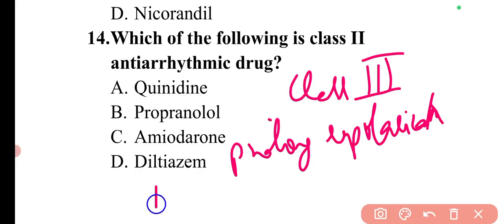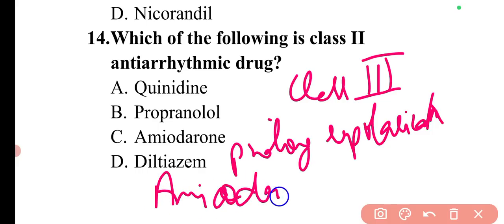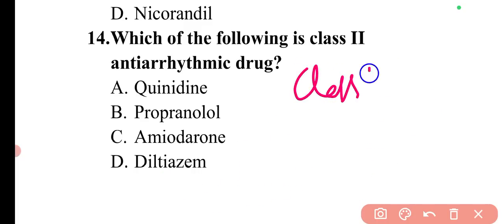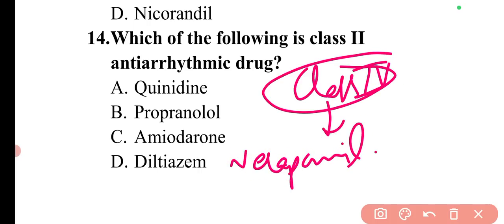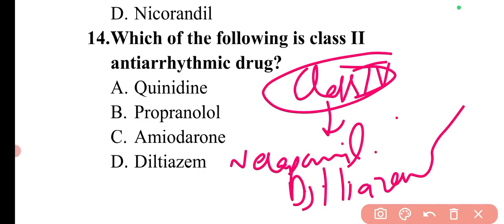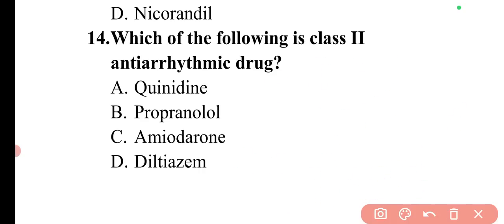So in this there are several potassium channel blockers as well, amiodarone. There can be bretylium. So these different drugs come under this class. Then there is class number 4. Class number 4 includes the purely calcium channel blockers, which include verapamil and diltiazem. These come under the class 4 category.